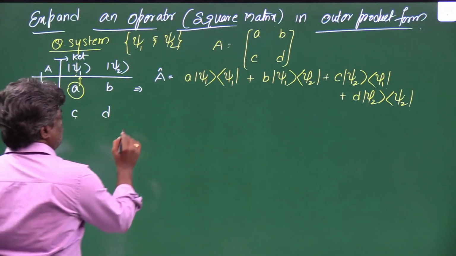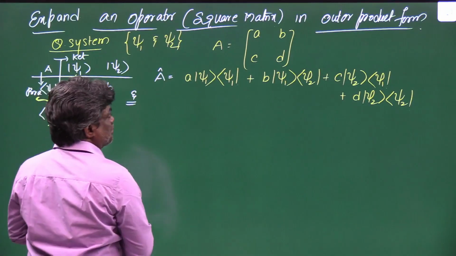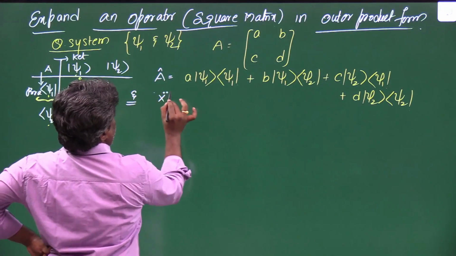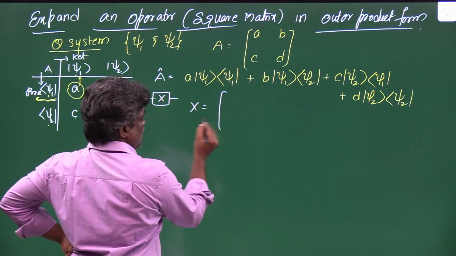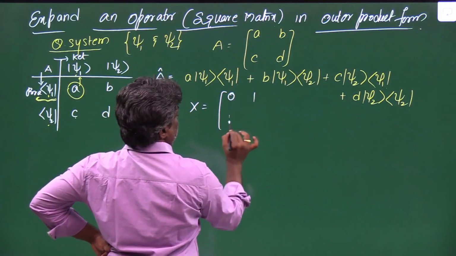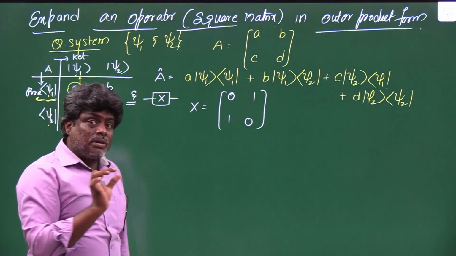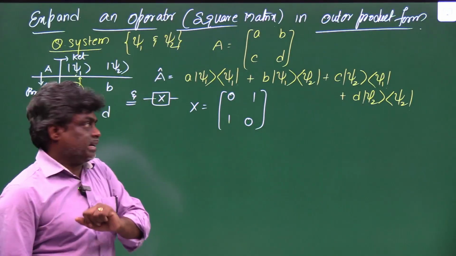Take an example. Now I am taking an example. For example, I am taking X gate. So we know X matrix is nothing but 0, 1, 1, 0. Okay, so this X equal to 0, 1, 1, 0, which basis? Z basis, don't forget this.